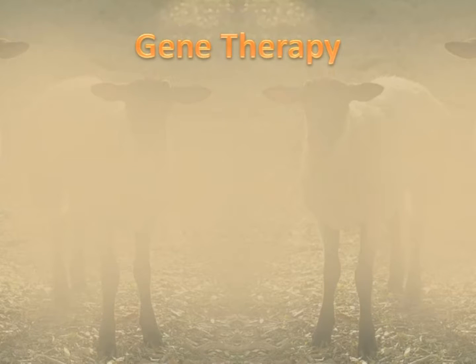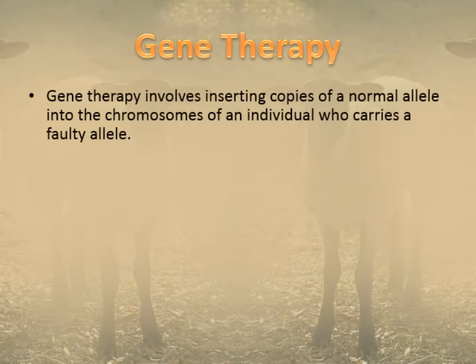So one thing that we've tried to do with genetic engineering is gene therapy, and we've tried this on humans. Gene therapy involves inserting copies of a normal allele into chromosomes of someone who carries a faulty allele.